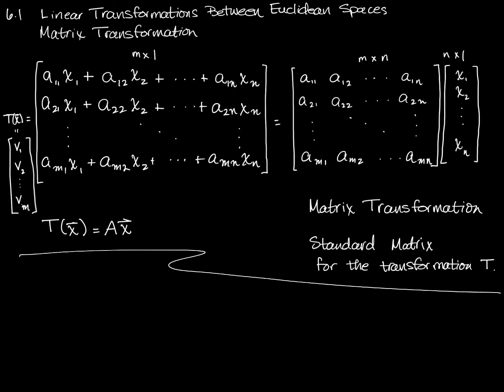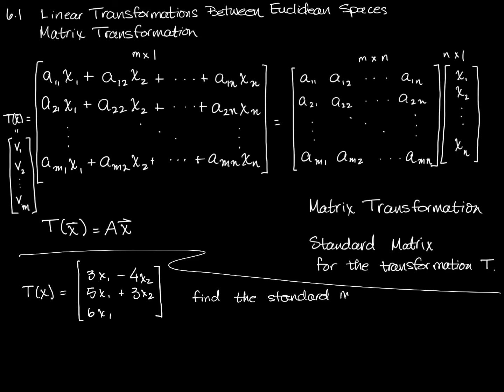So if I am given a matrix transformation and effectively told what the answer is, or told that the matrix transformation results in 3x1 minus 4x2, 5x1 plus 3x2, 6x1 plus 0x2, and I'm asked to find the standard matrix for the transformation T, I can see here that I'm ending up with an R3 vector, right?